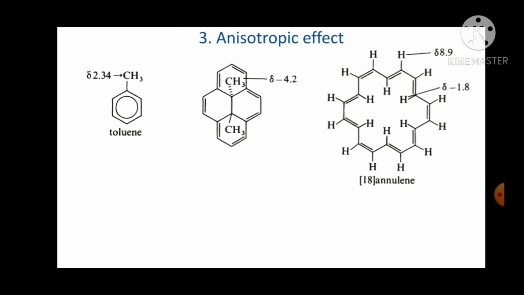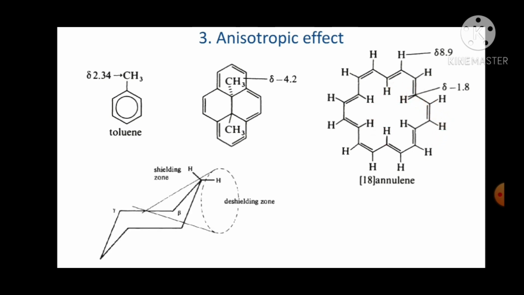That is the effect of anisotropy in this molecule.